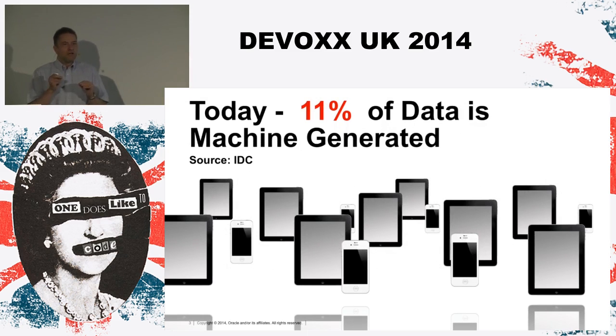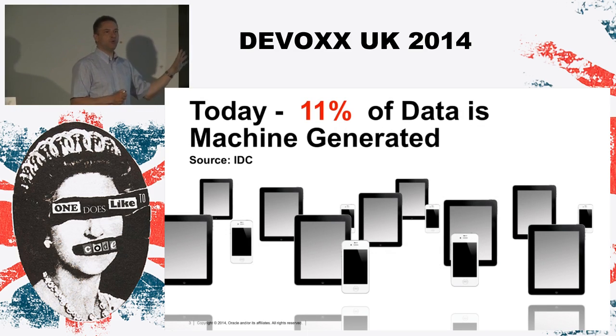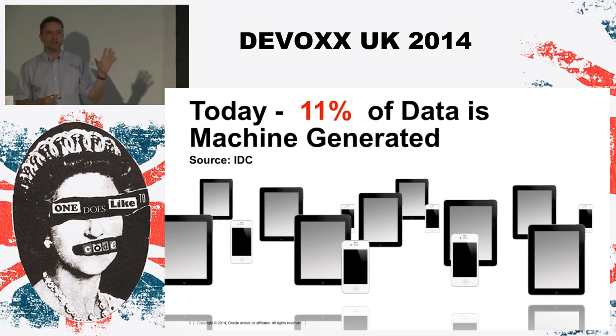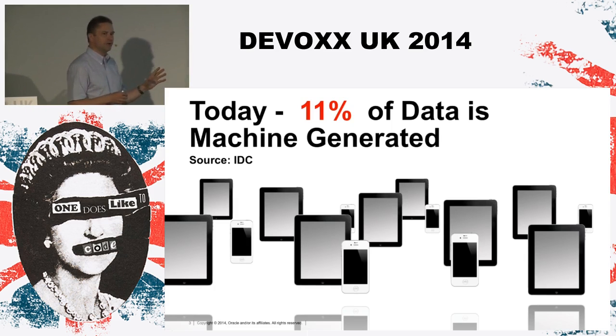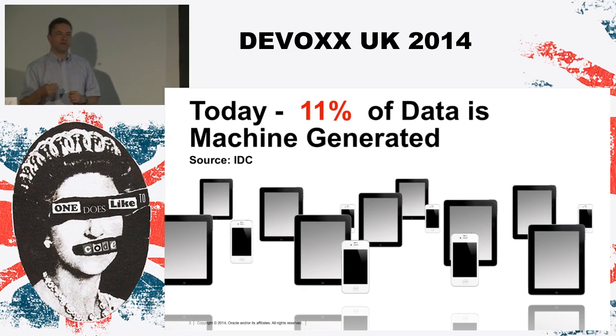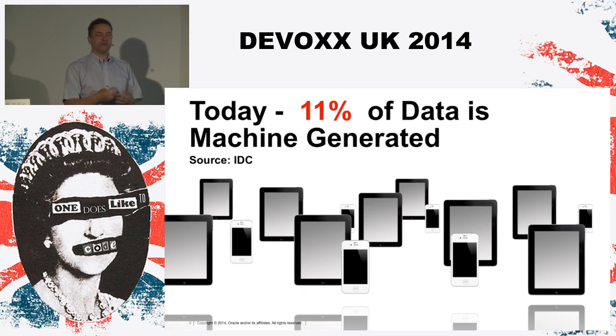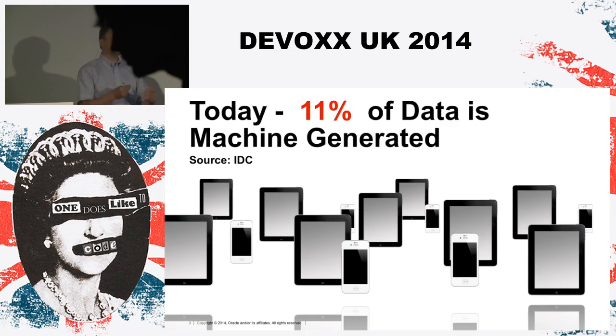Okay. Now, the reality is that right now, not much of the data that we work with is generated by machines. Most of the data that we work with is generated by us, so people generating the data. Think about uploading of photos, uploading of videos, people entering data, people generating data by swiping things and all sorts of things like that.